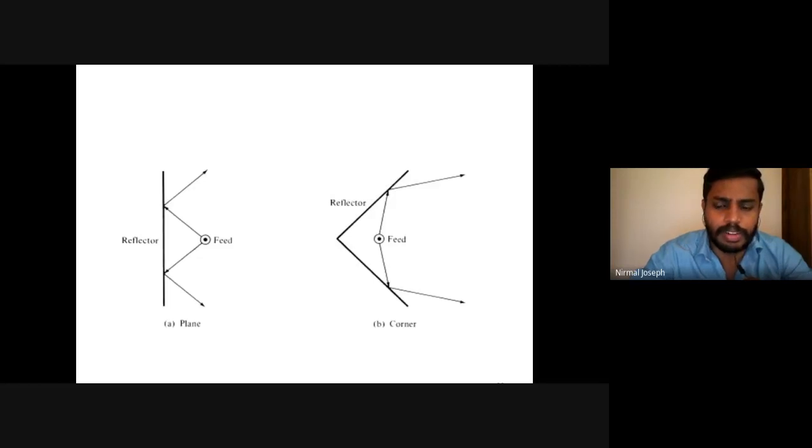But with the corner reflector, we can say that it is going in a particular direction. This corner reflector can be constructed just by placing two plane reflectors at an angle.